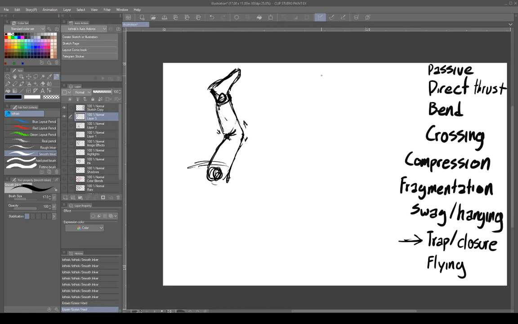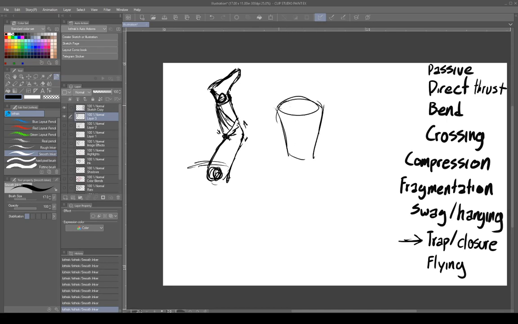So we've got something that's emanating across. Switch colors. It's going entirely across, but we've got stuff hanging down from here for whatever reason. And you can use these trap and closure wrinkles as clothing design elements too.